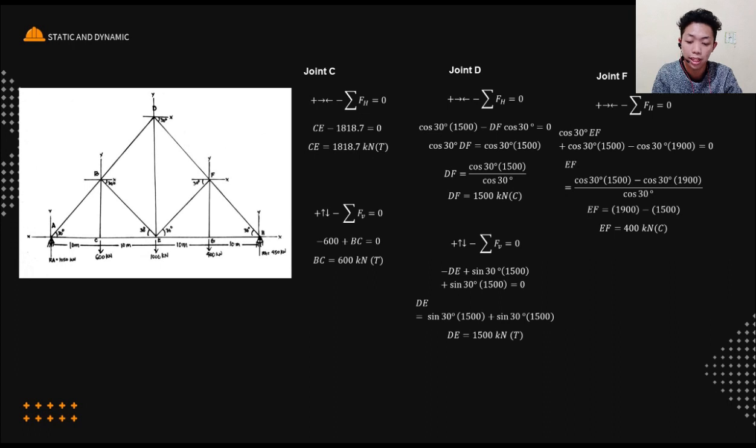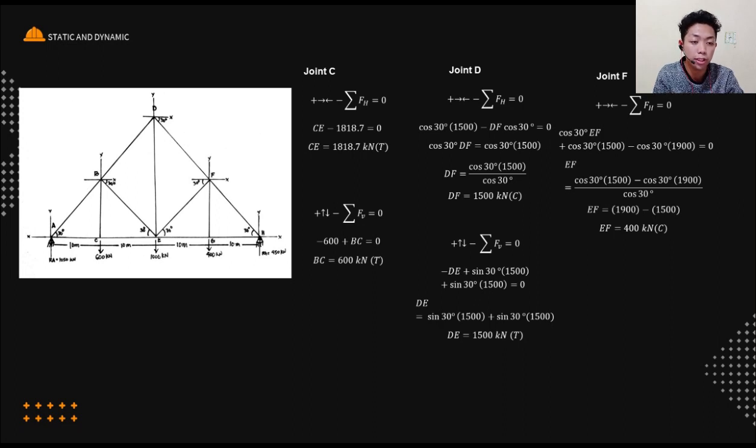Then, yung C natin na yung 600 kN na tension din. So, i-assume natin na yung BC is tension din and yung CE is tension din. So, magsusummation forces vertical tayo at summation forces horizontal.